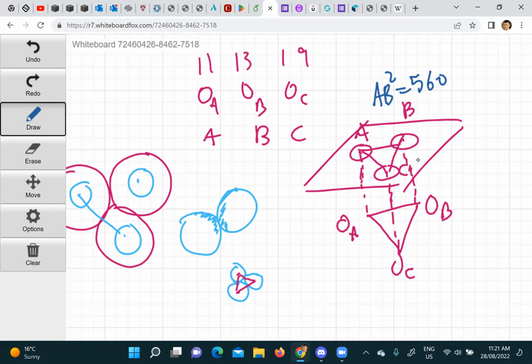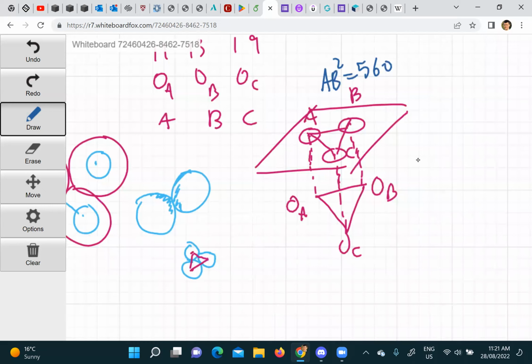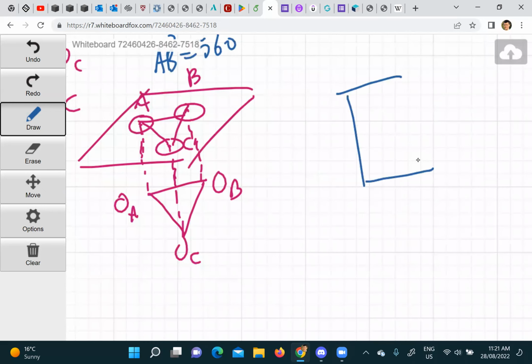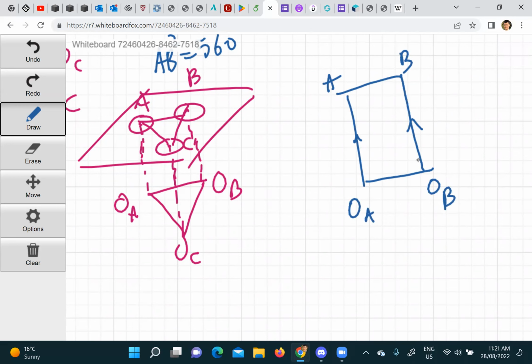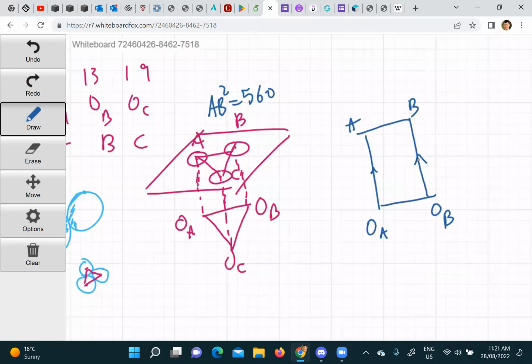Okay, so do the cross section. So this is a trapezium, A, B, OB, OA. So you know this length. We know that that's 24, I think. Just add the radii.